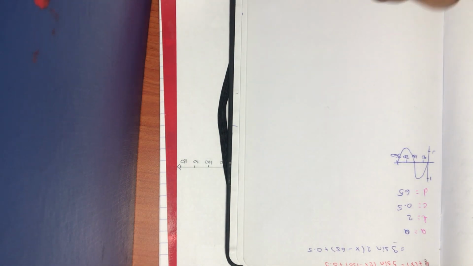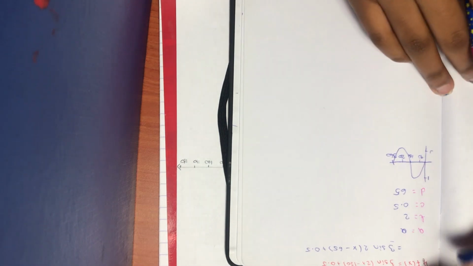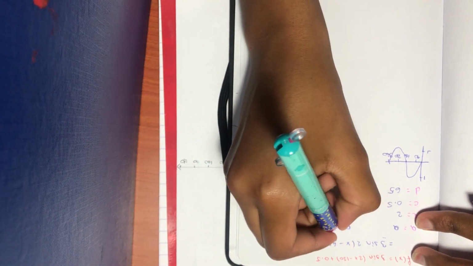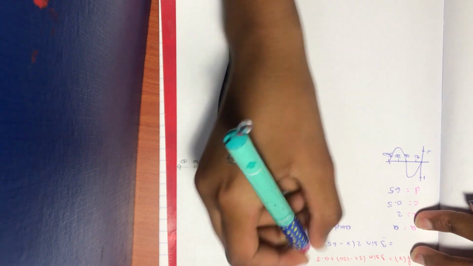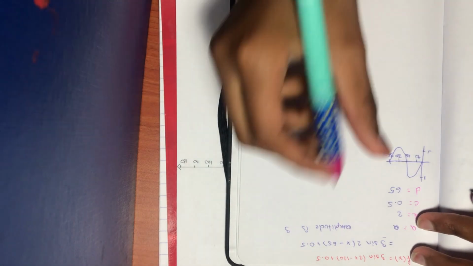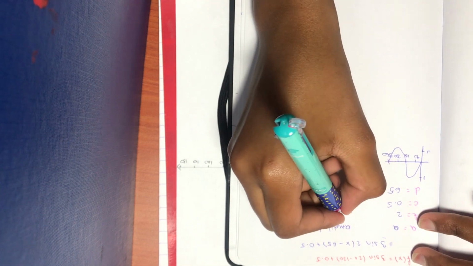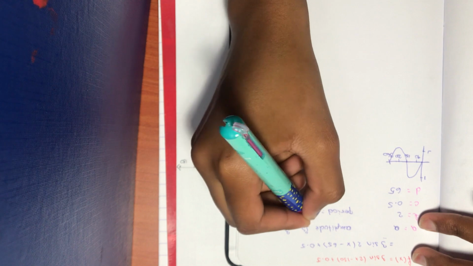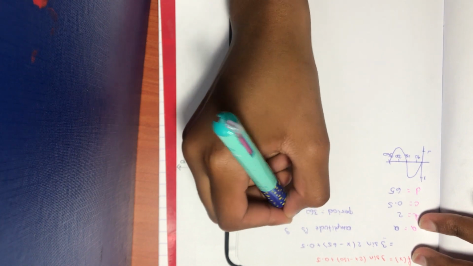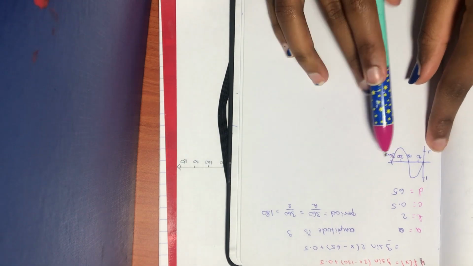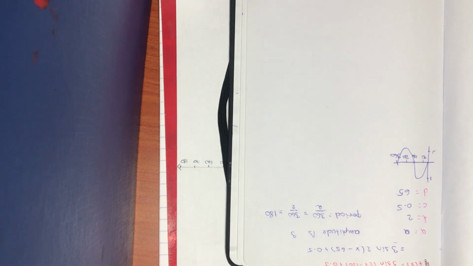So what I can already tell is that the amplitude is going to be 3. The period is 360 divided by k, which in this case is 360 divided by 2, which is 180. Basically, this whole graph is going to have to fit into 180.